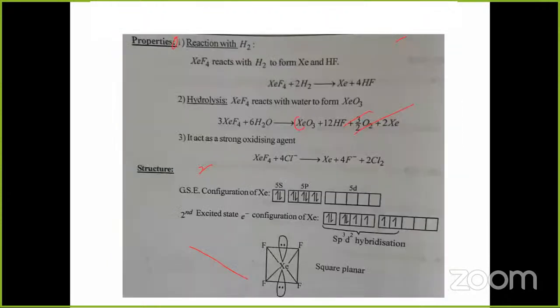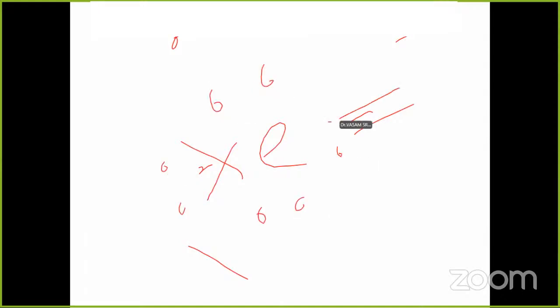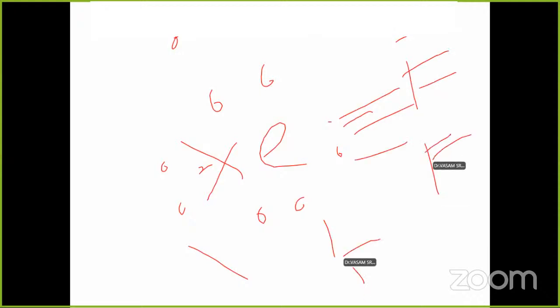And you come to the next one, xenon F4. Now we're discussing the xenon F4 structure. You see, this is xenon, and xenon has 8 valence electrons around it, and fluorines are participated like this, 4 fluorines.